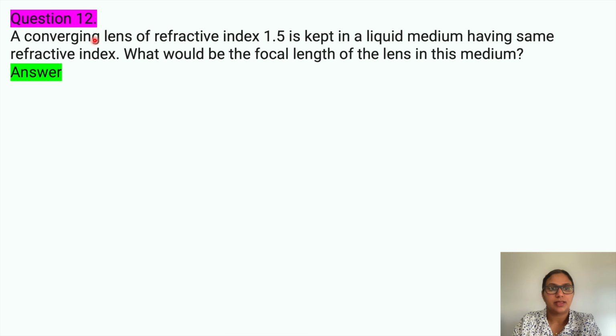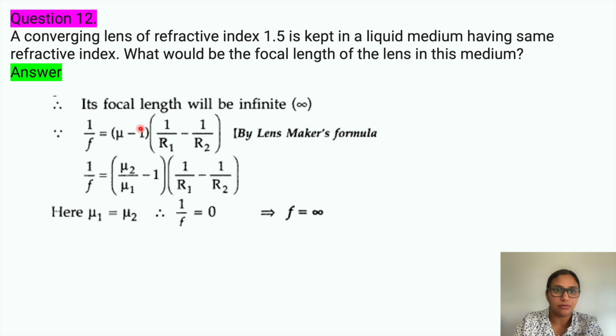Next question. A converging lens of refractive index 1.5 is kept in a liquid medium having the same refractive index. What would be the focal length of the lens in this medium? So we have the lens maker's formula. Calculating that, you will get F equal to infinity. Because when you substitute the values, mu1 and mu2 will be what?